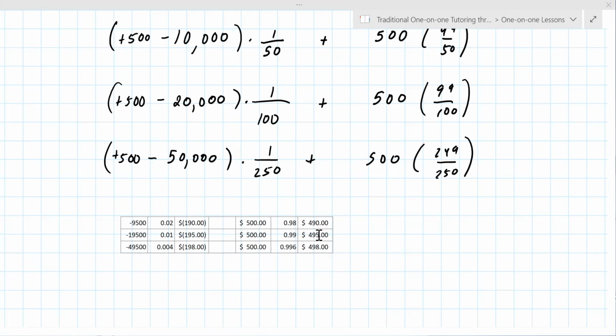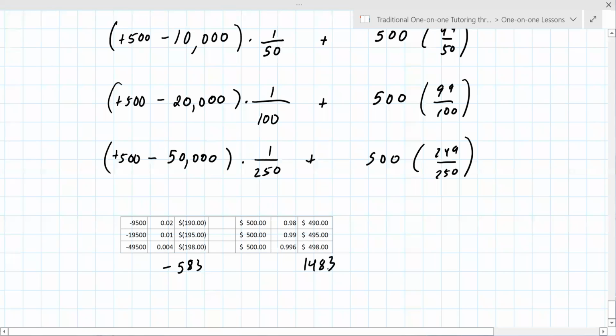So the answer is the sum of each of these columns, and then you add them together, the loss case and the non-loss case. So this is minus 583, and this is 1483. So in general, they expect to make $900.